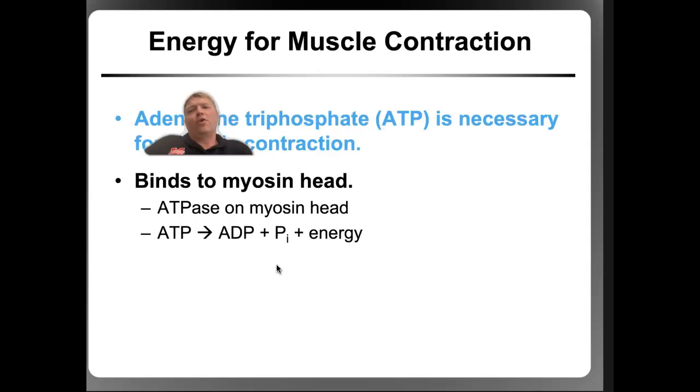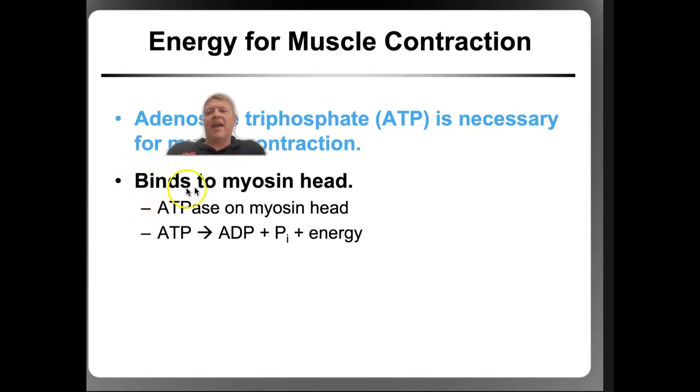So, energy for a muscle to contract. We will talk about ATP a whole lot more, and how it's made and the chemistry behind it. But let's just say that everything you eat eventually gets turned into ATP, and that's what is necessary to keep your body going, and in this case, to keep muscles contracting.